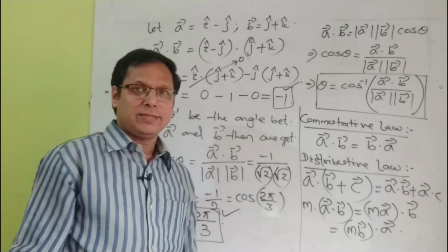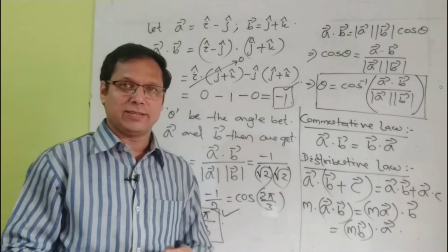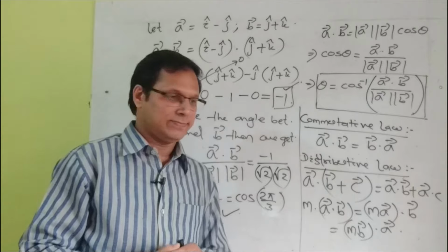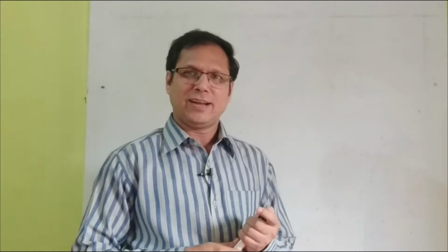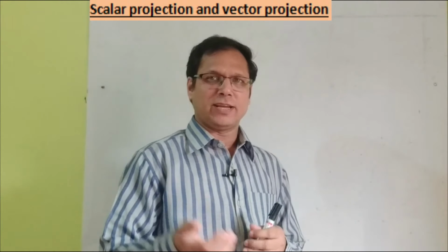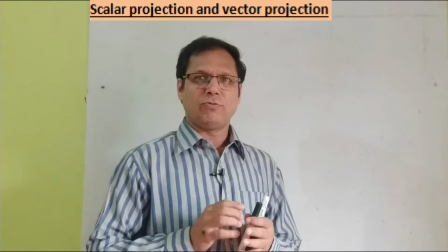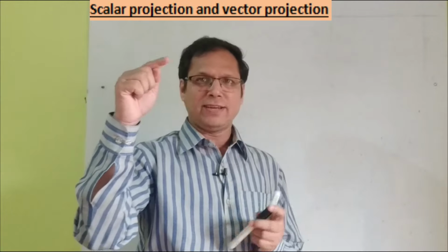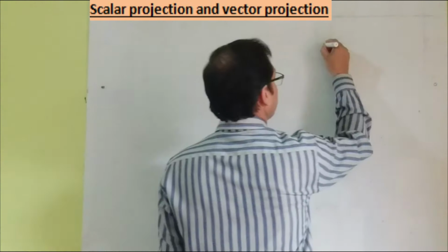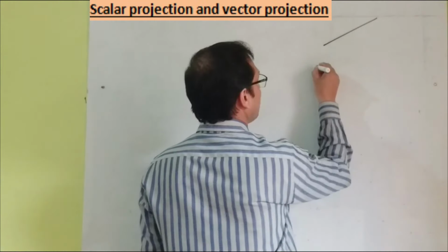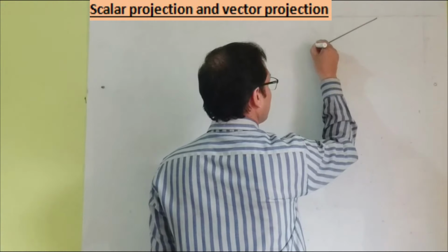Now we'll go to the scalar projection and vector projection of two vectors. Before going to the scalar projection, all of you should know what the projection of a line segment on a line is. Suppose this is a line segment. What is the projection on this line?